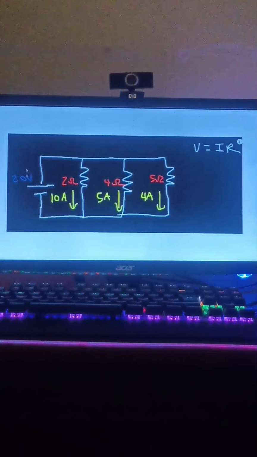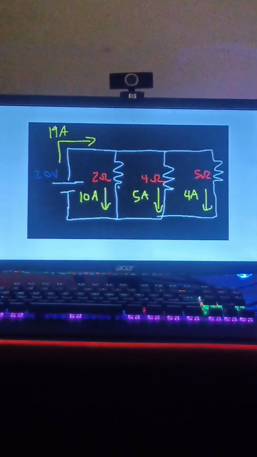First, by using Ohm's law, we need to find the current of each resistor. V equals IR, so I equals V over R. So 20 divided by 2 is 10 amperes, 20 divided by 4 equals 5 amperes, and 20 divided by 5 equals 4 amperes.